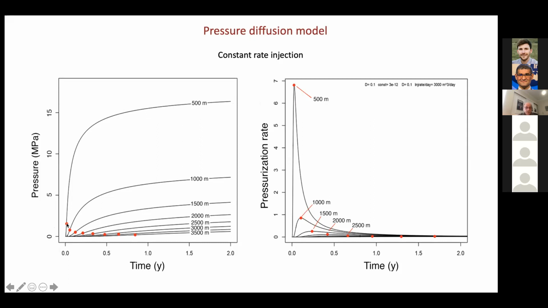And the red dots here are the point of maximum pressurization rate, again, as a function of distance. Pressurization rate is of interest here because it is a primary controller of rates of induced seismicity.